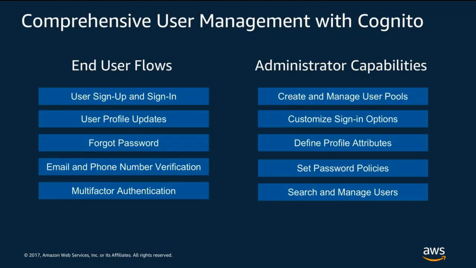Cognito provides all of those options to you. You can also define profile attributes for your user pools, set password policies, and search and manage users. So that's a quick and easy reference for the two categories that Amazon Cognito helps you with user pools.